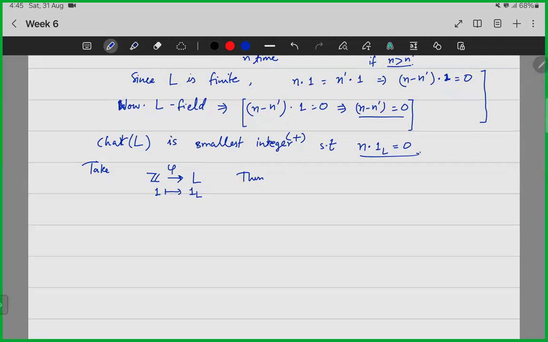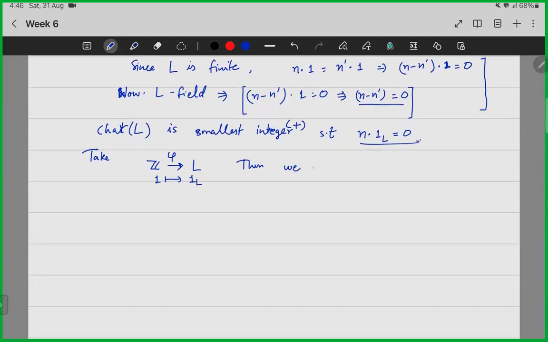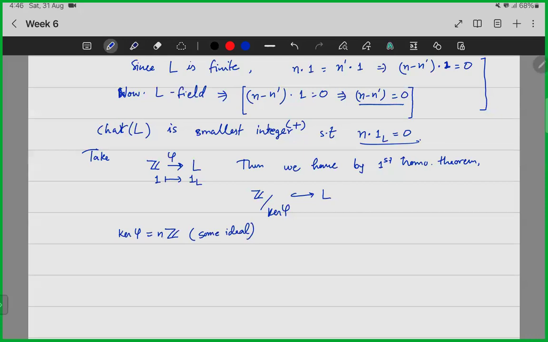Let's say this is our phi, a ring homomorphism, a Z-algebra homomorphism. By the first homomorphism theorem of rings, Z modulo kernel phi includes into L. Also note that kernel phi is some ideal, so it should be of NZ type, and N will be the generator of the kernel.